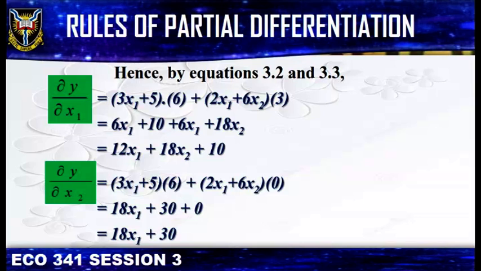Partial dy/dx1 is equal to 12x1 + 18x2 + 10. Partial dy/dx2 is equal to (3x1 + 5)(6 + 2x1 + 6x2)(0) is equal to 18x1 + 30 + 0 is equal to 18x1 + 30.